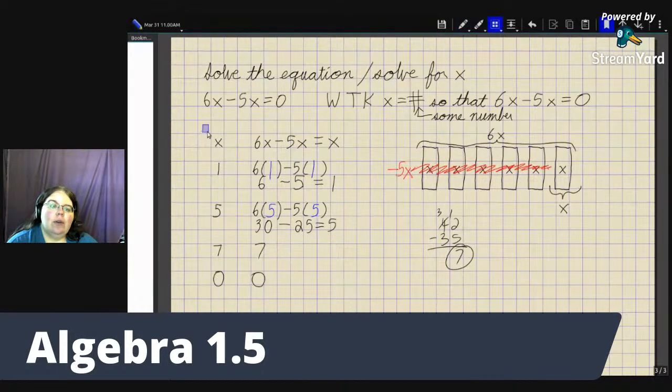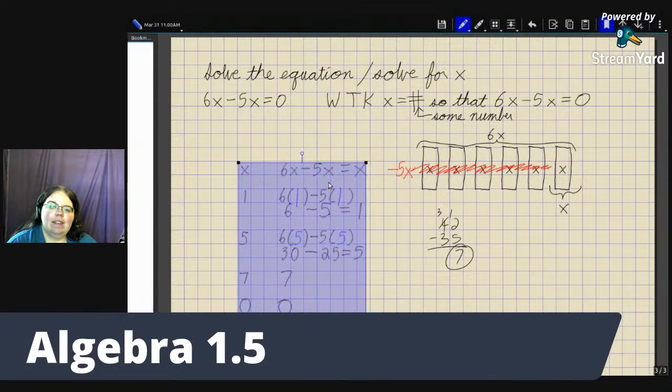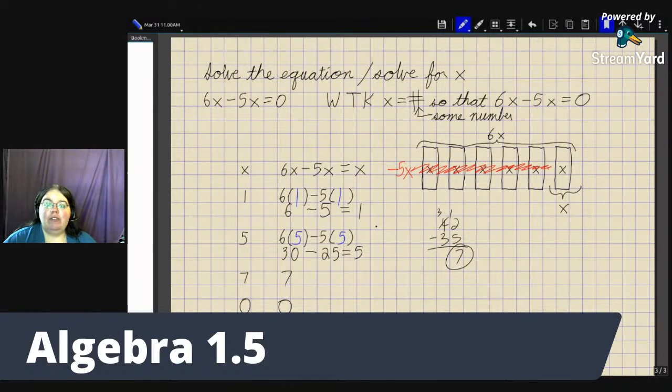Now, your algebra teacher may not want you to do a bunch of guess and check because a lot of the time it ends up being inefficient if the answer is something like 17 296ths that you would just never guess. So the official method for solving this problem would be to say, okay, well, I know that 6x minus 5x is just going to be x, so x needs to equal 0.